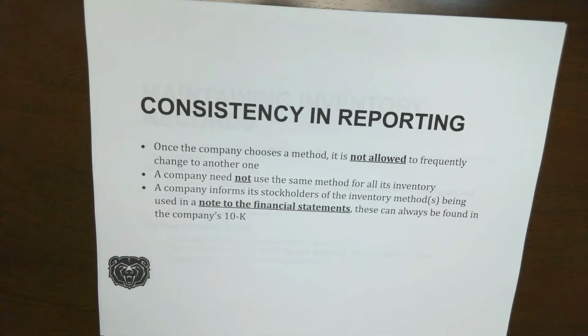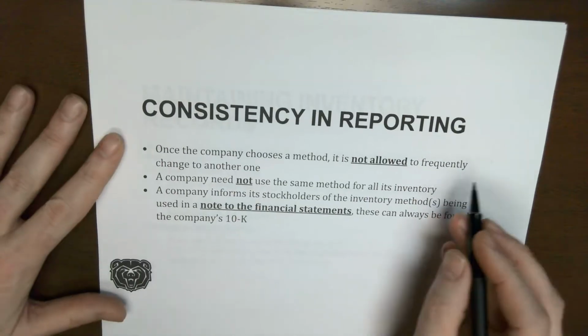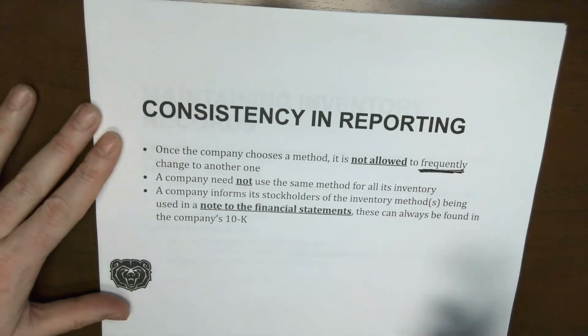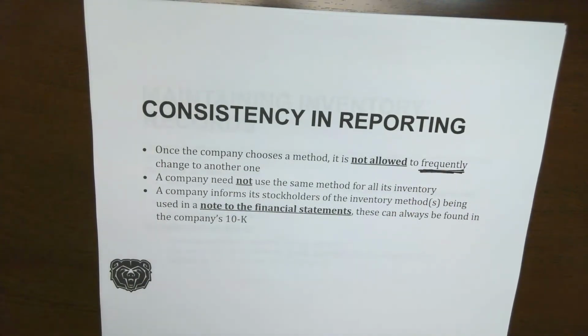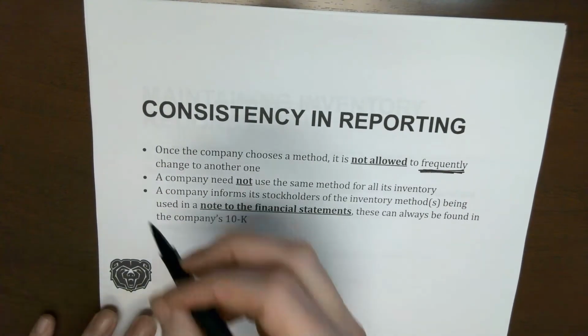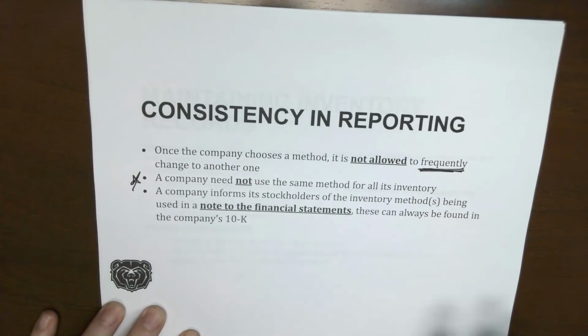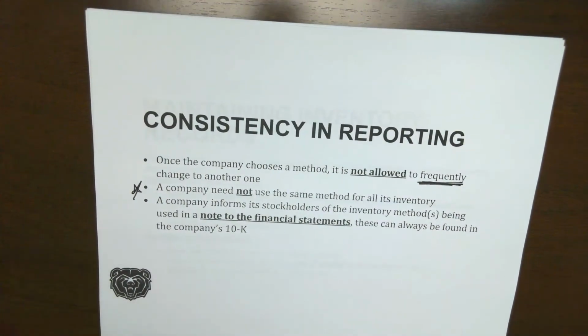This is just to reiterate what I said a minute ago. Once a company chooses a method, it is not allowed to just flip-flop between one or the other. Now, this is not to say that they're not allowed to change at all. It just means you can't frequently change from one to another. Once you pick one, you've got to stick with it, which is why this right here is so useful. You don't have to use the same method for all of your inventory.